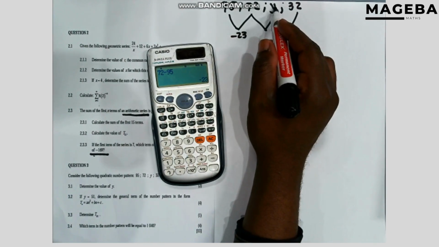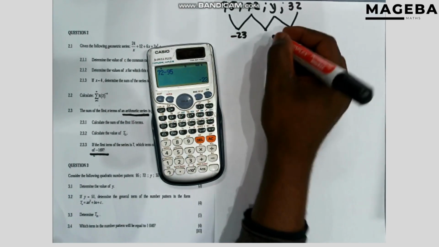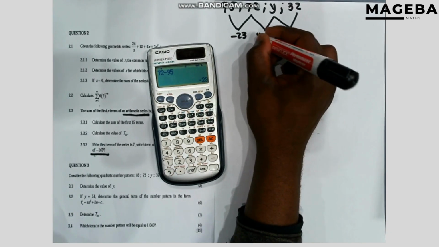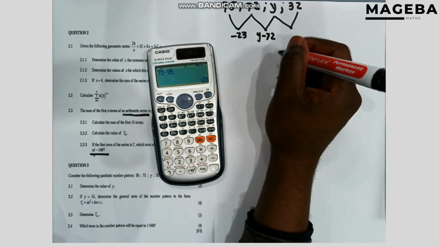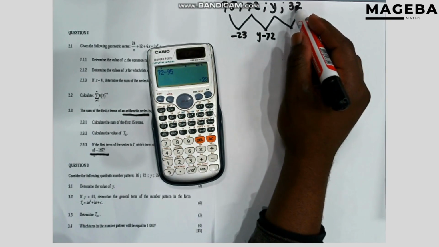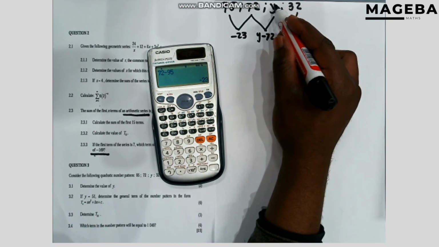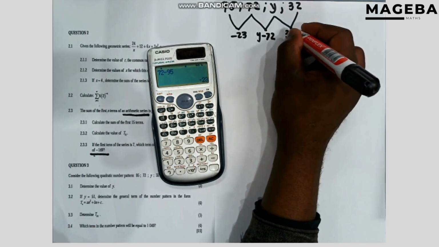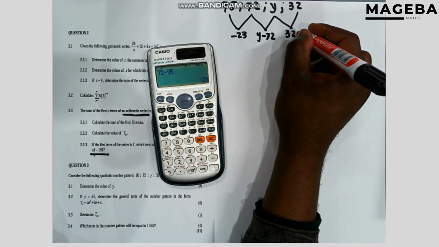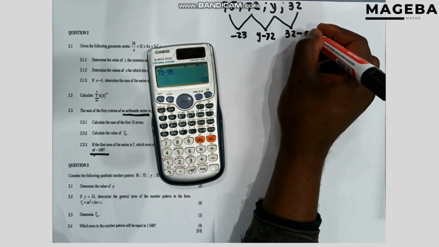Then y minus 72, so it's y minus 72. And then 32 minus y.